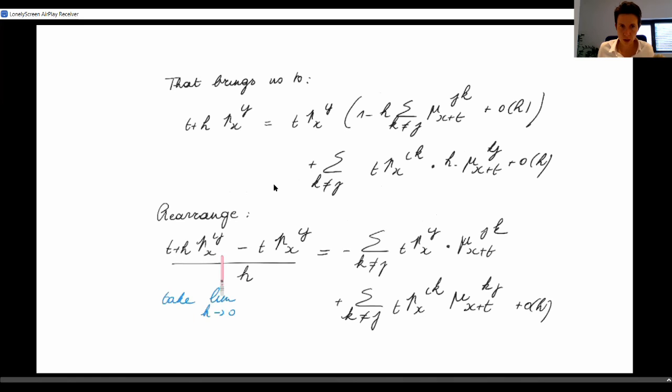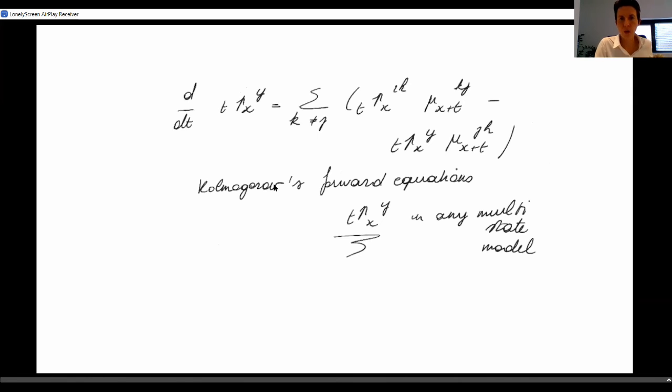I recognize here the derivative with respect to t of t p x ij. And if I take the limit here for h running to 0, then I get rid of the little o of h term. And then I'm left with this sum over k that you see over here, the t p x ik, the mu kj, and then minus the t p x ij and the mu jk.